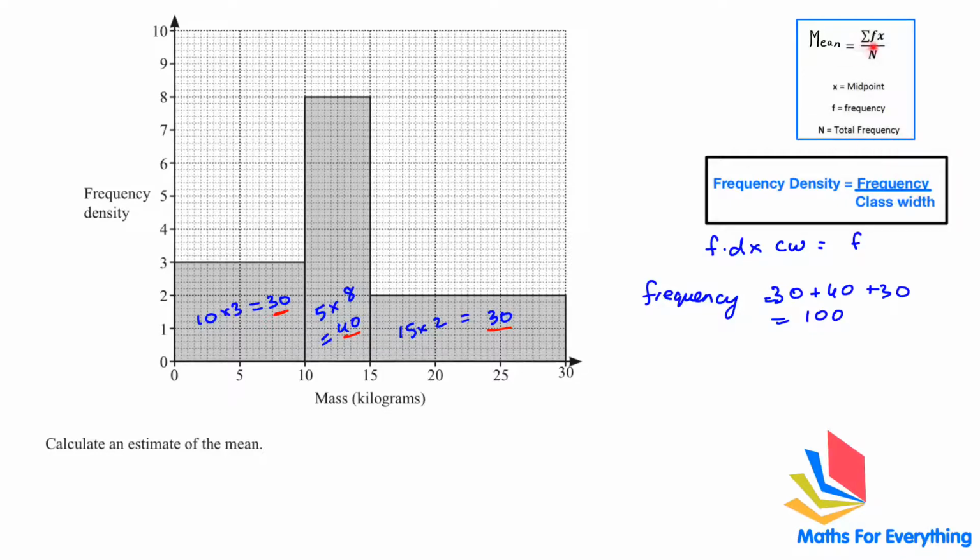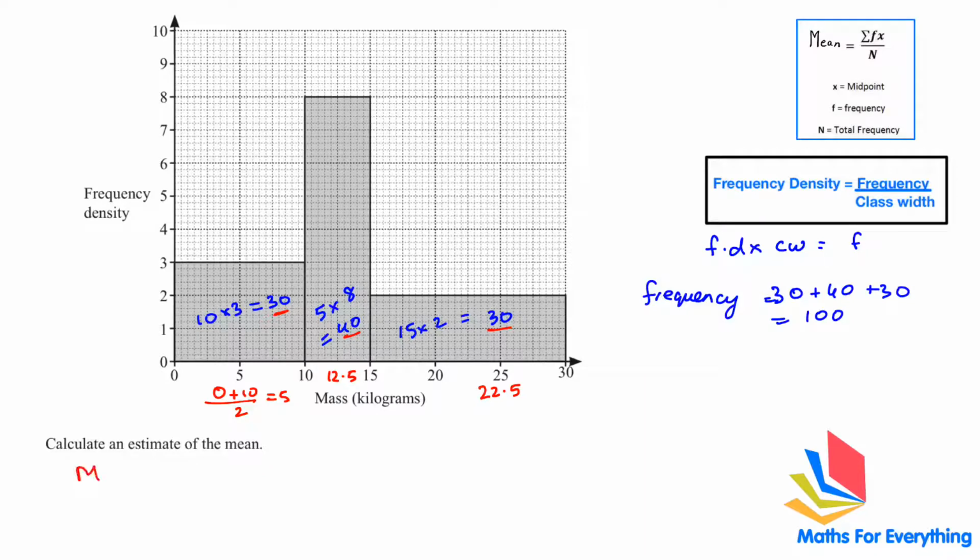Now we have to find the frequency multiplied by the midpoint of the class width. What is the midpoint of this bar? To find the midpoint, you add the two values, so 0 plus 10 divided by 2, which is 5. That's the same way you're going to do for each one. 10 plus 15 divided by 2 is 12.5, and 15 plus 30 divided by 2 will give us 22.5.